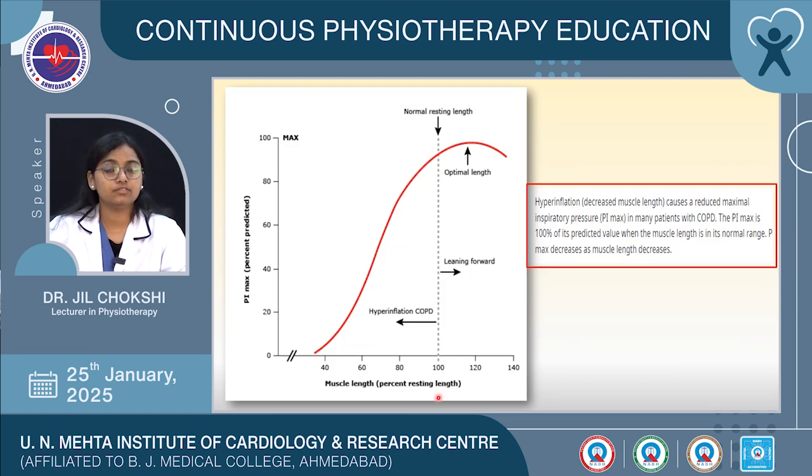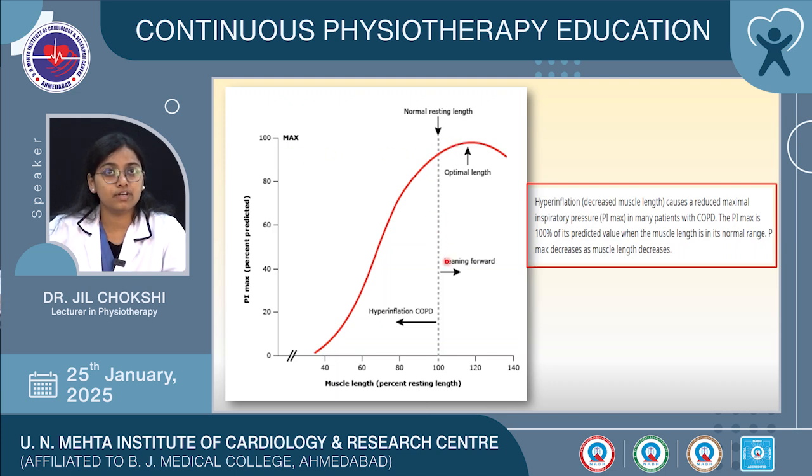This is the graph. X-axis shows the muscle length and the y-axis shows the PI max. As you can see in this figure, during normal resting position, the muscle length is nearly normal and the PI max is 100% of its predicted value.